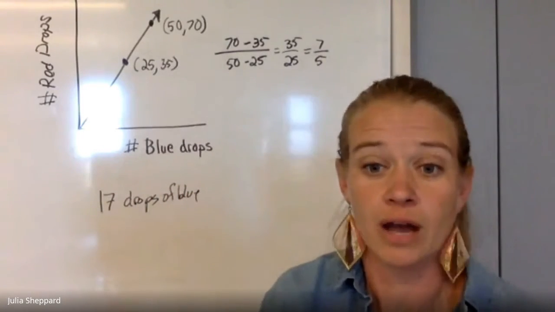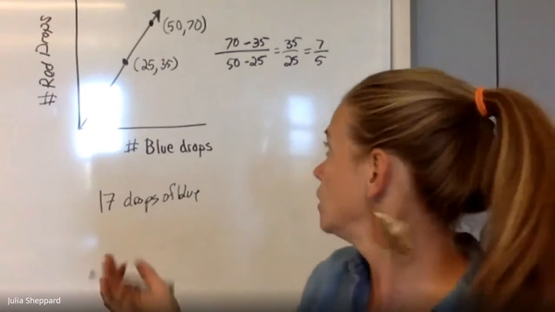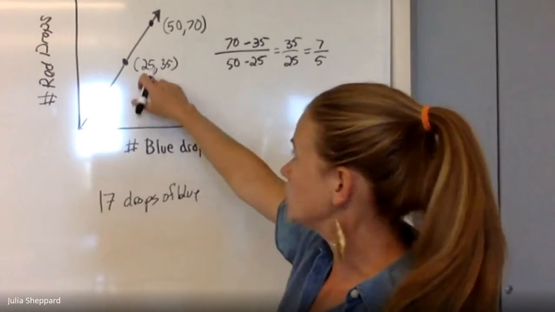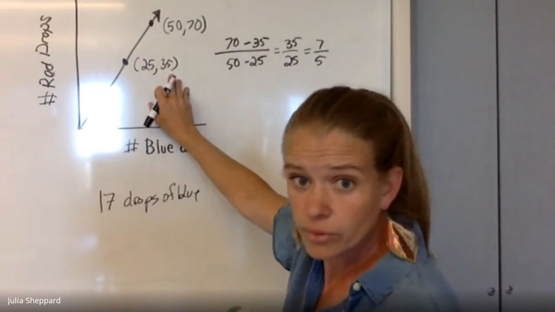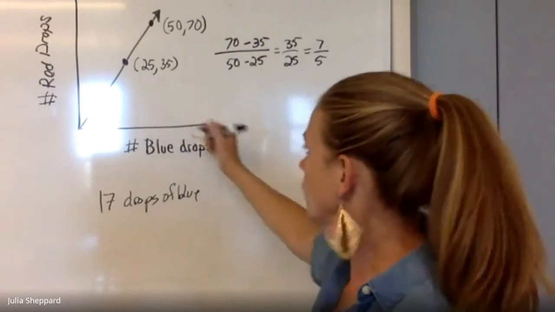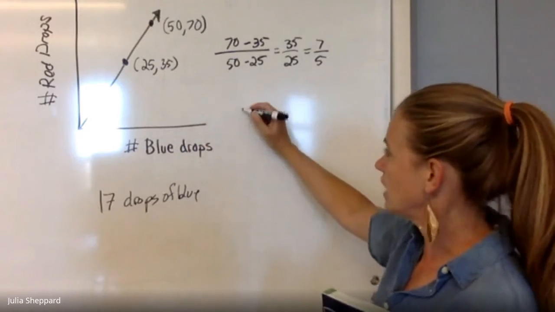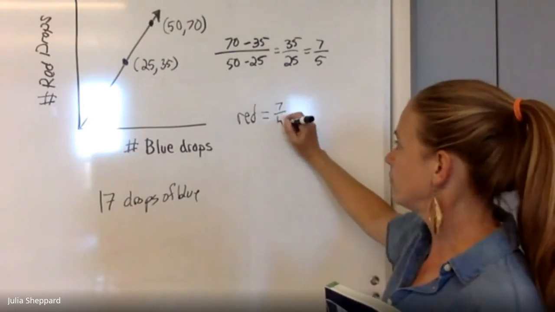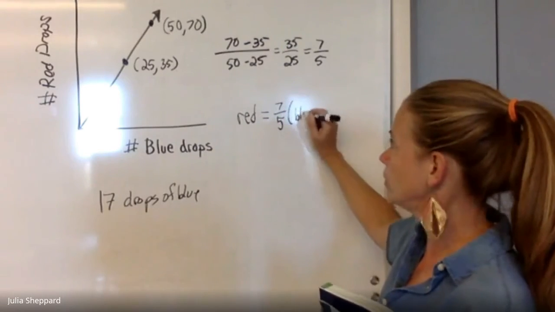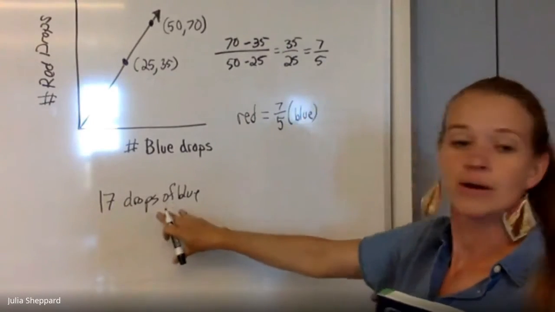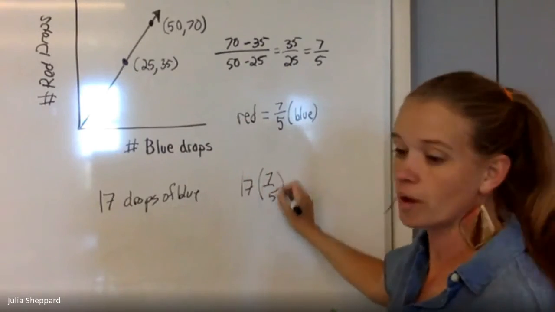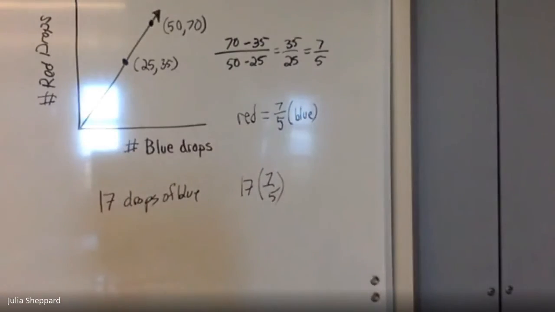Well, how am I going to find out how many drops of red to do? I know red is a little more than blue, but I really need this to be accurate. So you can say the number of red drops equals 7/5 the number of blue. So I can just take my number, 17, and multiply it by 7/5, and I'll probably have to round. Let's just see what I get.